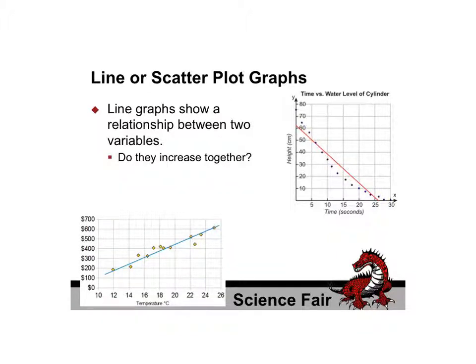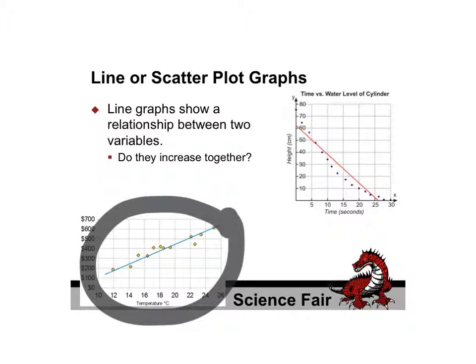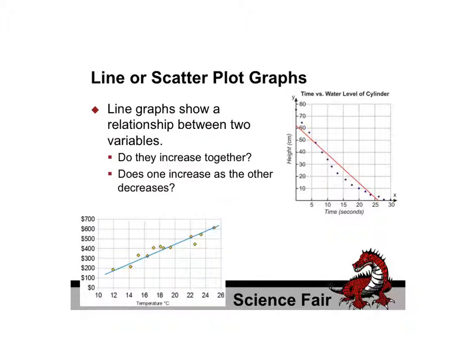And we can learn from those how they are coordinated with each other. Do they increase together? Which one of these would increase with the other one? It's actually this one would increase as they're both increasing. All right, they're both going up. And then the other option would be, does one increase as the other decreases? Okay, or they might both decrease.